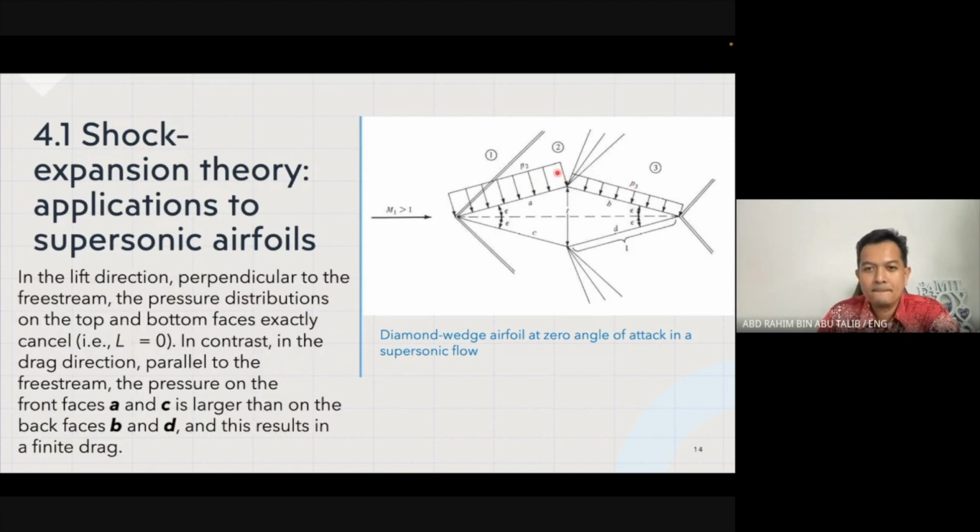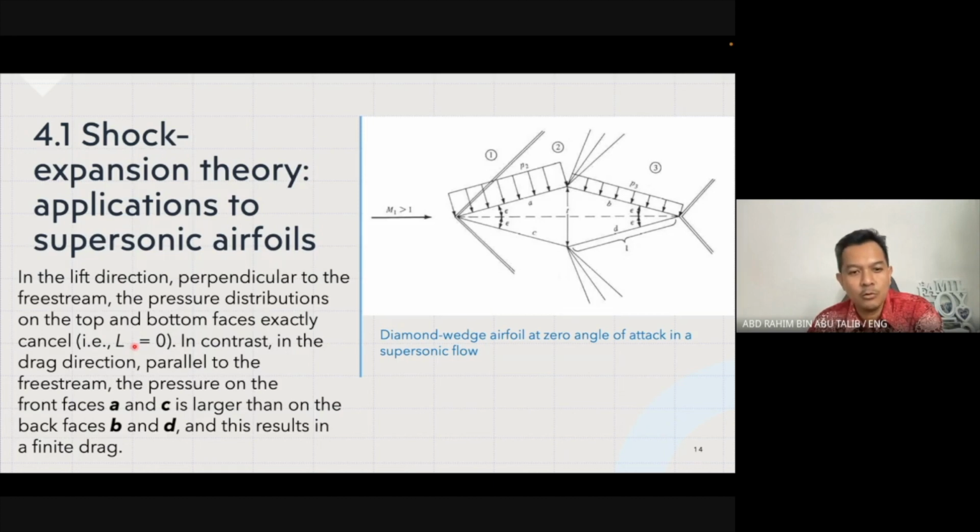So in the lift direction, perpendicular to the free stream, the pressure distributions on the top and bottom faces exactly cancel out. Whatever aerodynamic forces are generated on the top surface are cancelled out by the opposite aerodynamic forces from the bottom, resulting in no lift at all.